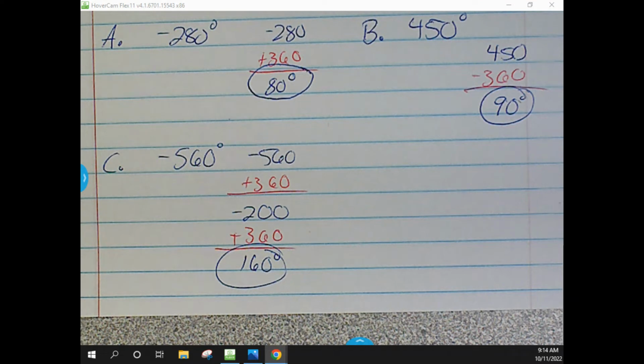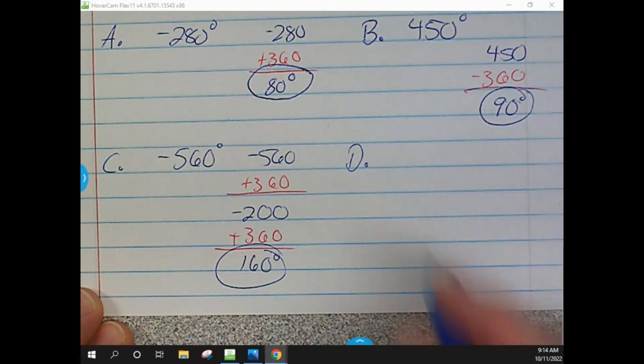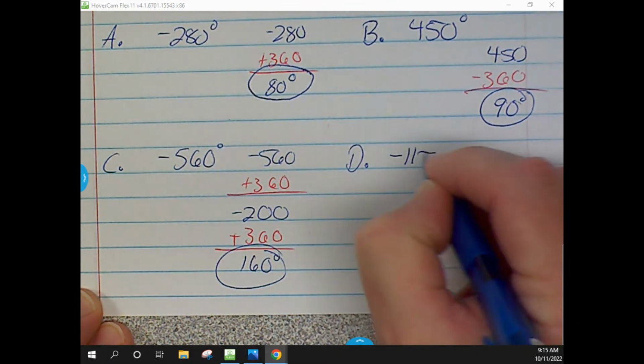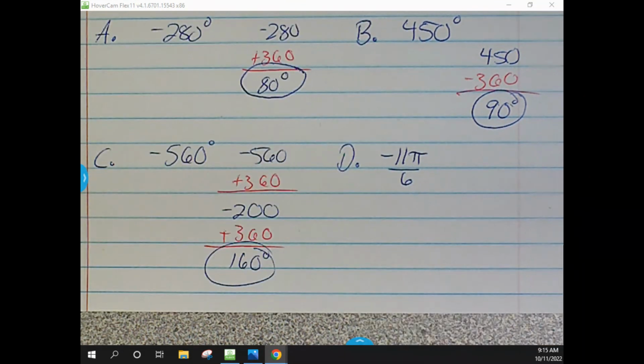All right, now here's where the fun kicks in. Well, if it's negative 11 pi over 6, you're thinking, well, how in the world are we going to add 360 to that? Well, you can do it a couple of different ways. You know, the hard way, the easy way.